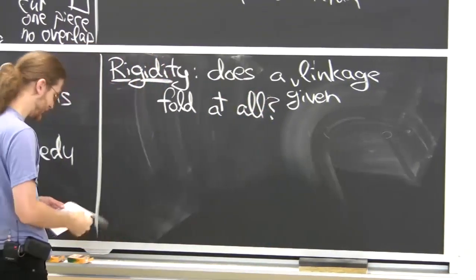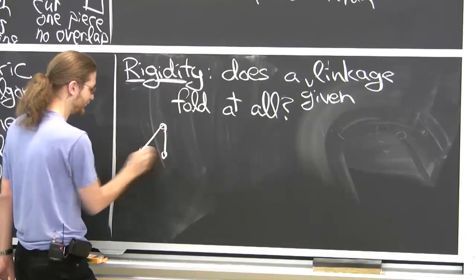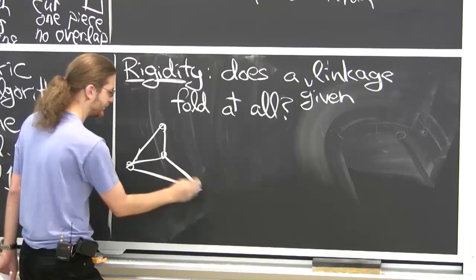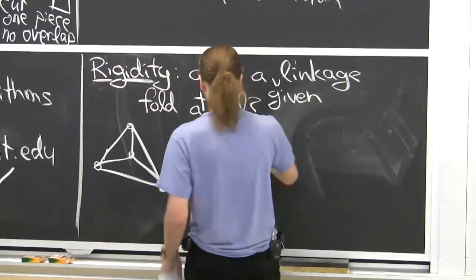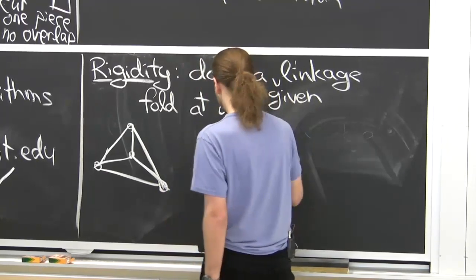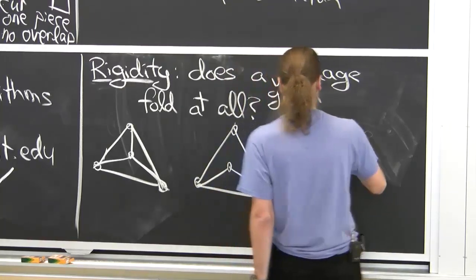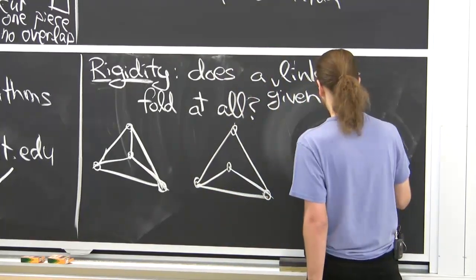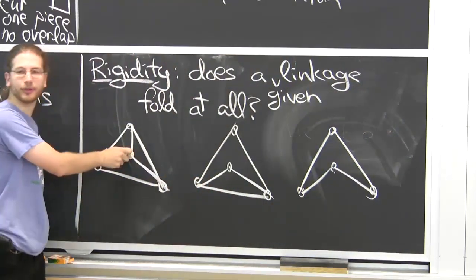So, for example, I'll give you 3 examples, to test you out here. These are rigid bars connected by hinges. Rigid or flexible?